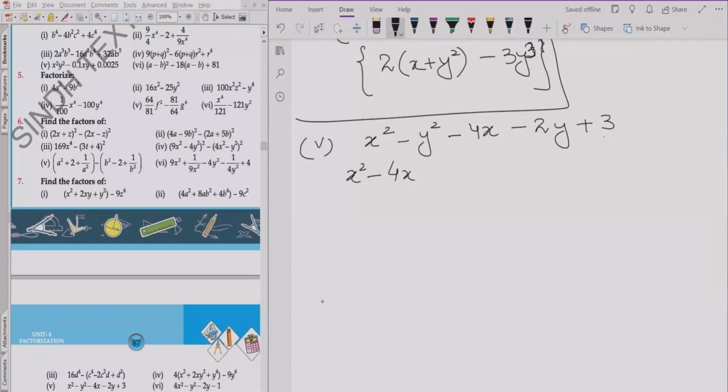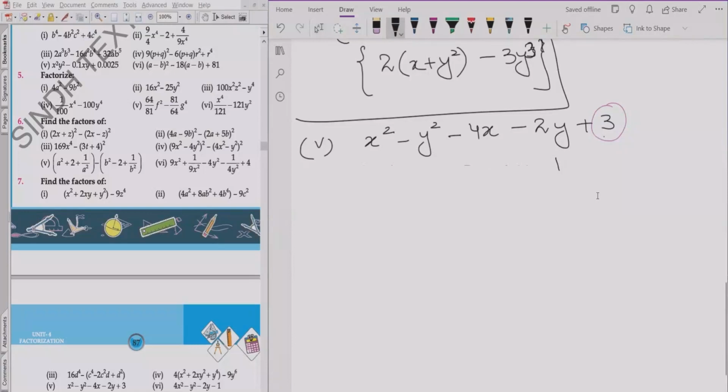We will keep them here, and after that we will write y square minus 2y. Now here is 3. So we must break this 3 in a form where we have two perfect square formulas. So first here we can say 1, and what about the 2? Okay, now we have to break these 3.